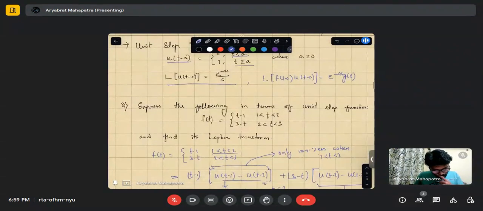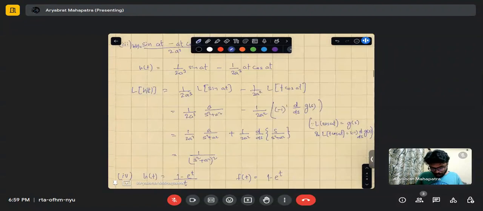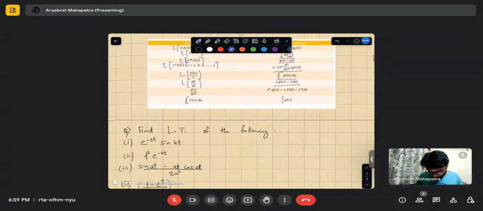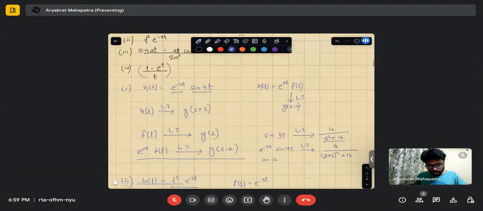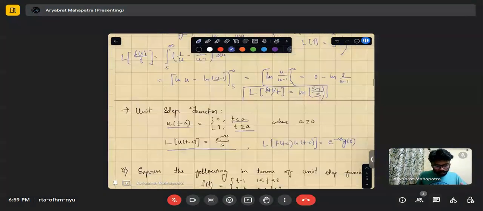This is a similar thing which I have also shown at the beginning. I think that would be there in the inverse Laplace transform.